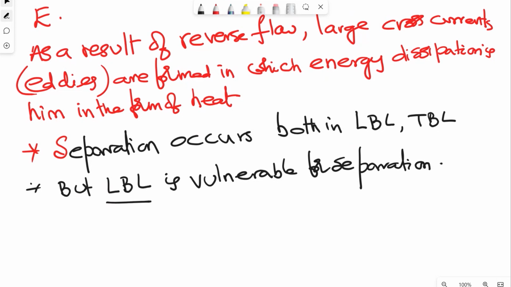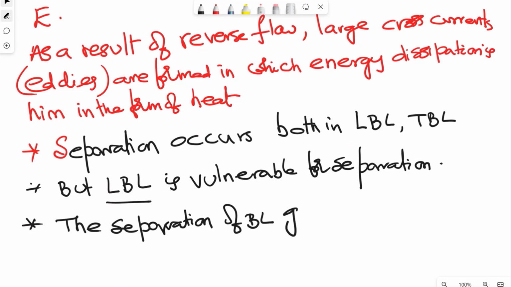Right? The next thing is that the separation of the boundary layer greatly affects the flow.